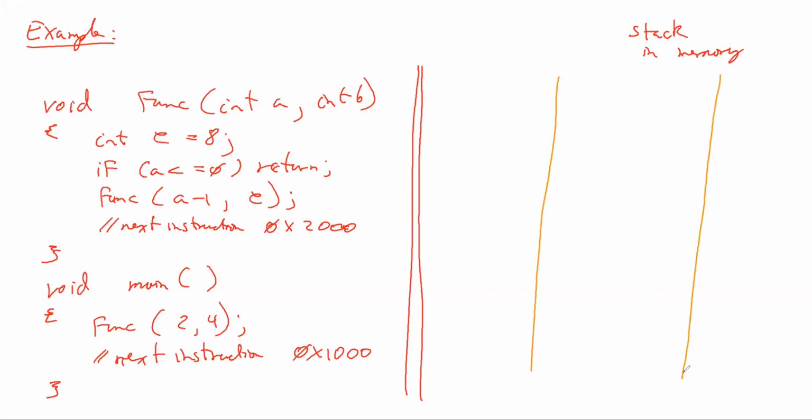I feel like the stack would be yellow somehow. Let's go back. The first thing we want to do is, we started void main, so we call function(2, 4). That's where we started the program. So that means we need a frame for F24.